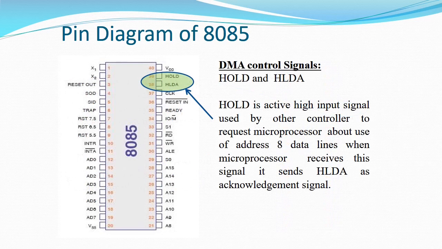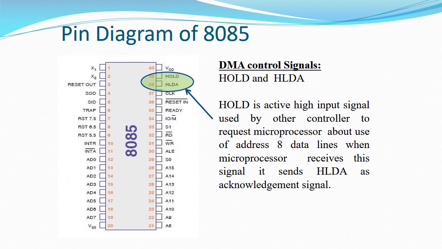Whenever the microprocessor wants to transfer a large amount of data from one point to another, it uses two signals. One is called HOLD and the second one is called hold acknowledge. Hold is indicated by HOLD and the hold acknowledge is indicated by HLDA. These signals are used by DMA, that is direct memory access.